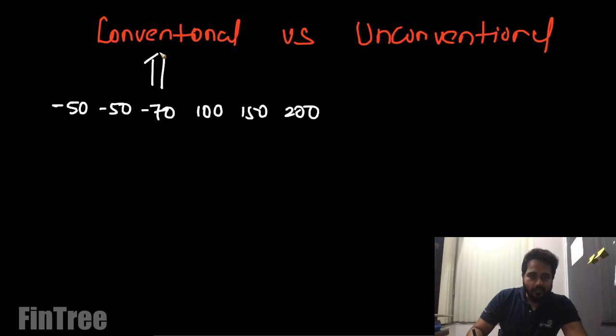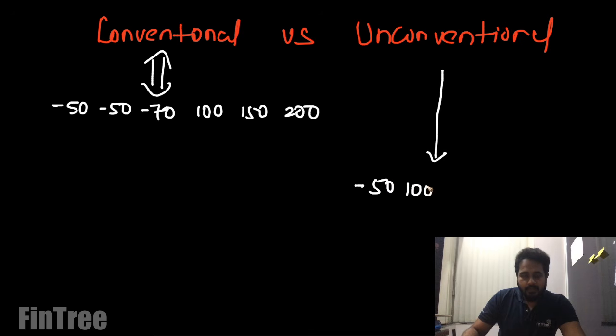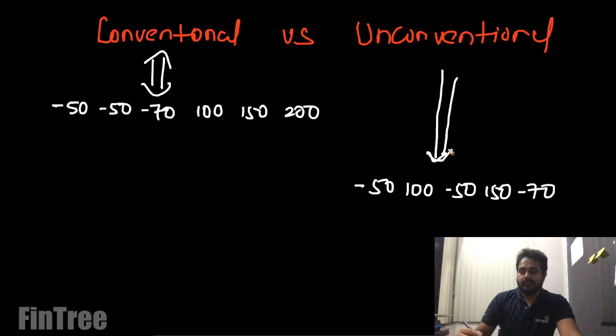This is a conventional cash flow. But if you have a project like this, -50, 100, -50, -50, and let's say 150 and -70, then we will call it unconventional. Now, why do you need to classify the cash flows as conventional and unconventional?